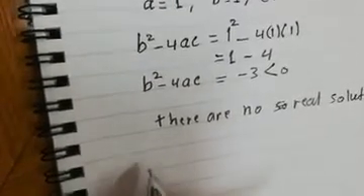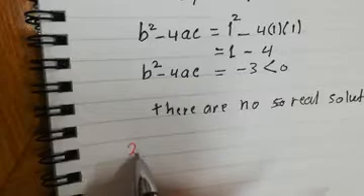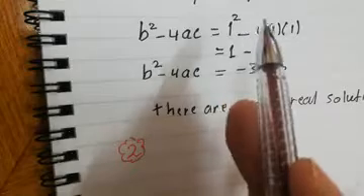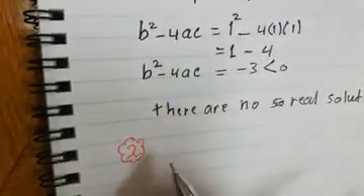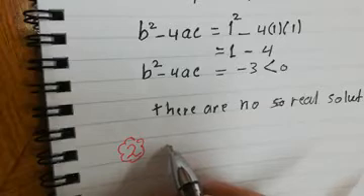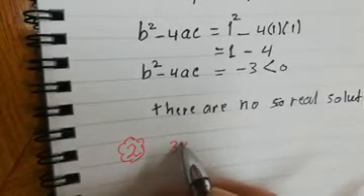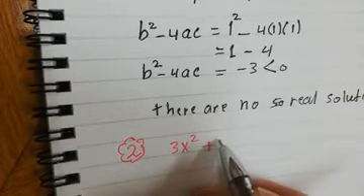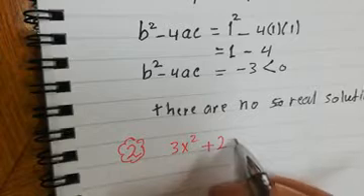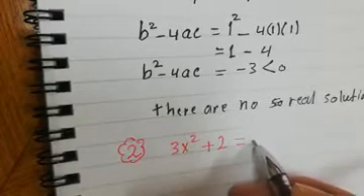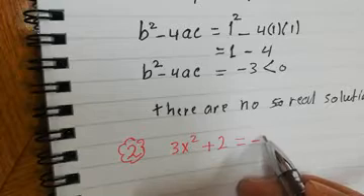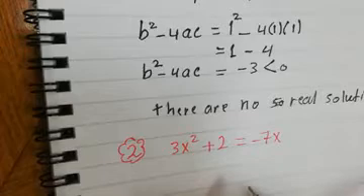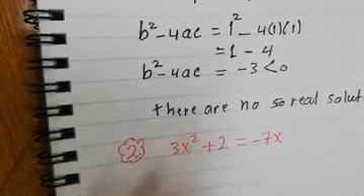The second one, let us take this one. 2. Remember that I'm searching for how many different solutions the equation has. The second equation is 3x squared plus 2 equals negative 7x.